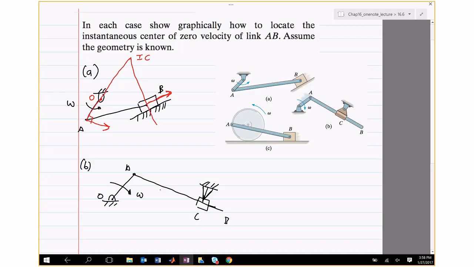Okay, so same recipe, what we do is first find velocities of points of interest. So we know that the velocity of A is going to be this way, because OA moves clockwise. The point C, well, C moves along this.